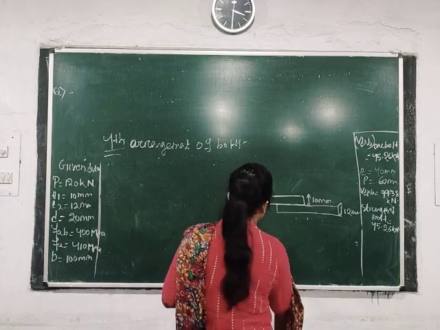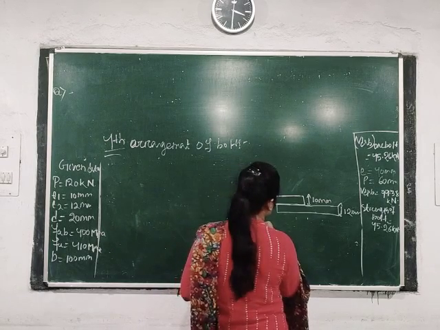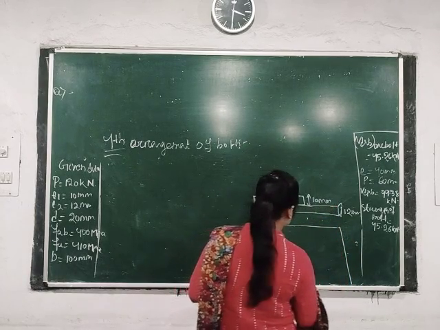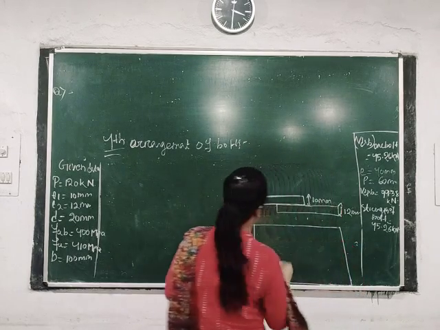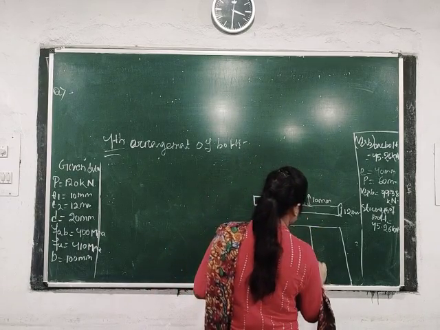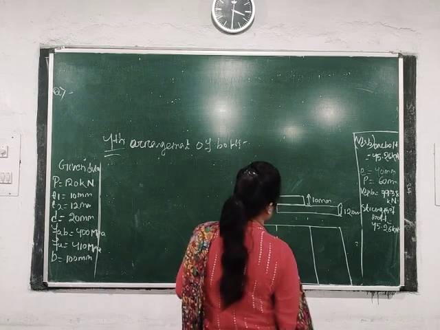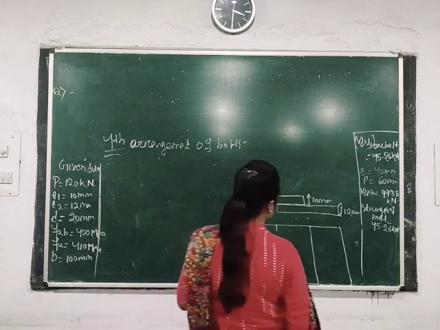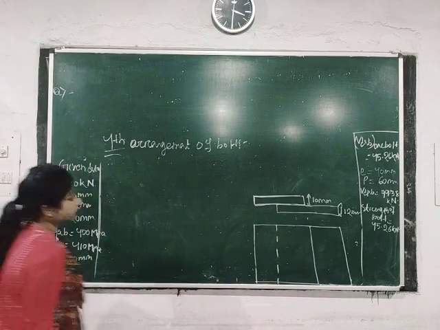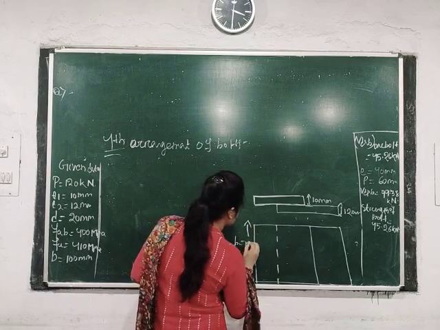So let us draw the plan view of the lap joint. Okay, and the width of the plate is given also in the question, that is 100 mm. So here the width of the plate is 100 mm.